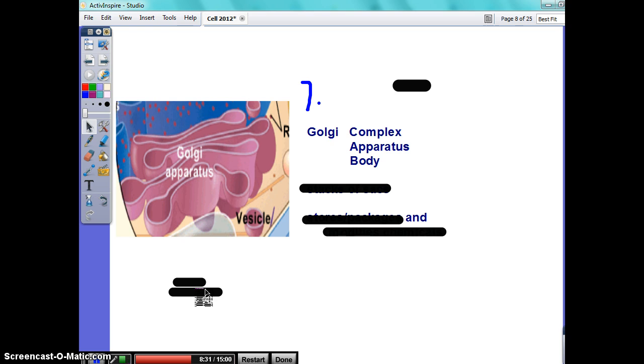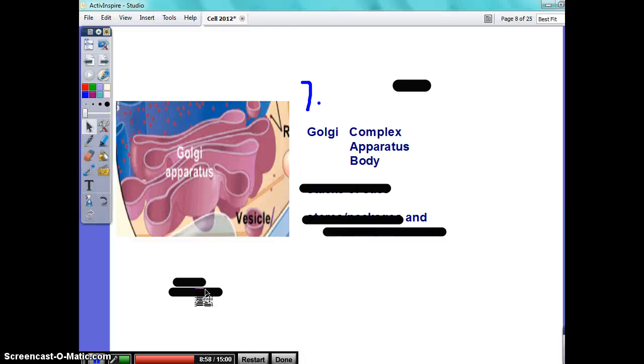So how are you going to be able to tell the difference between the ER and the Golgi? The ribosomes. Ribosomes are on the rough ER, and they're attached to the smooth, so you can kind of tell which is which that way, okay? Because if not, they're both kind of surrounding the nucleus, even though the Golgi is further out.